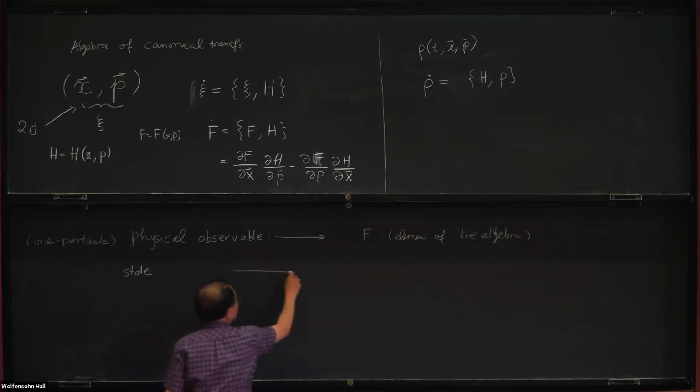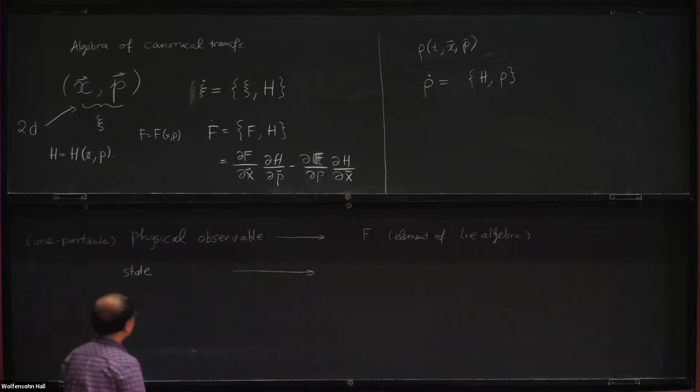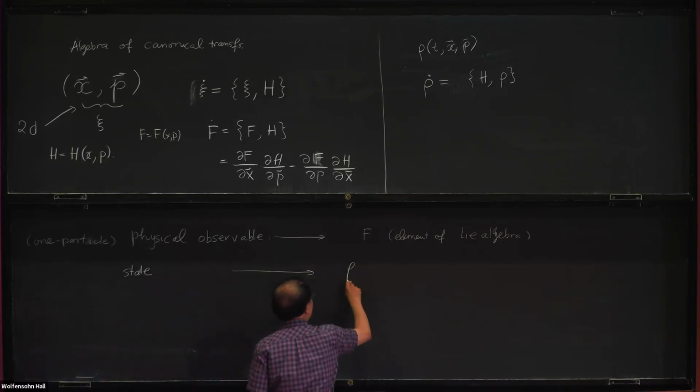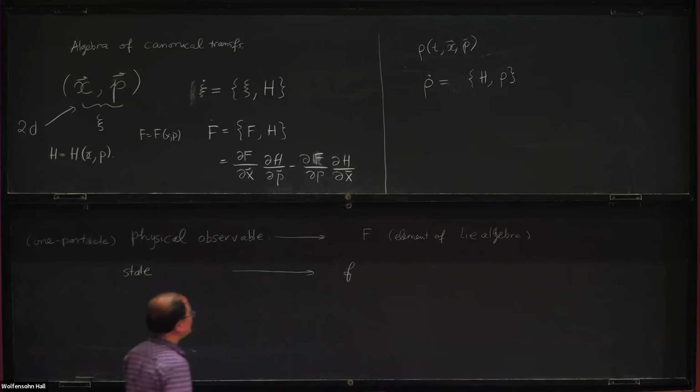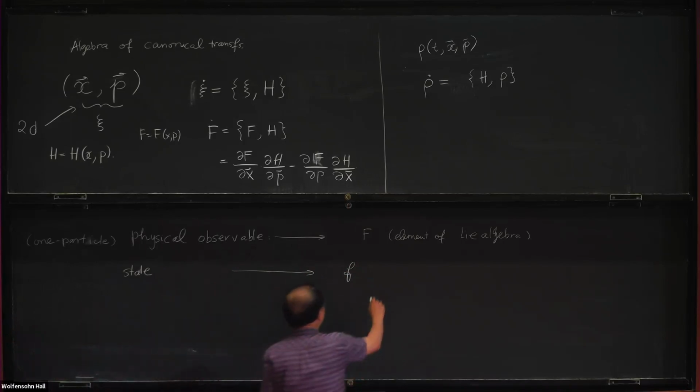Now the state of the system I would put in correspondence with another function of x and p, let me call it f, small f. Here I'm going to consider it as an element of the Lie algebra. More rigorously, it should be considered as an element of the dual space.